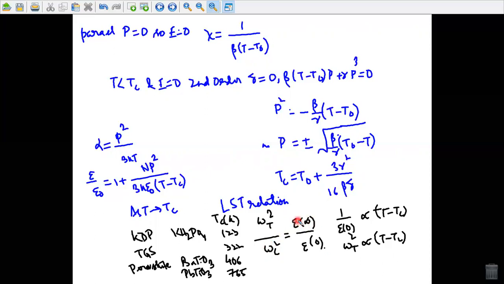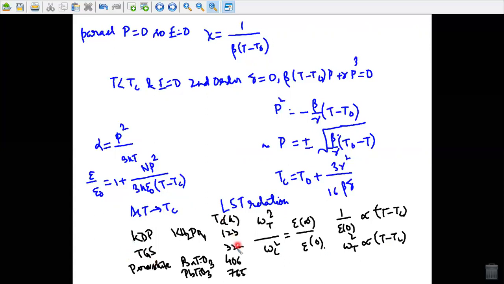Epsilon infinity is the high frequency limit of the dielectric constant, and epsilon 0 is the low frequency, that is, the static limit. Thus the Curie-Weiss behavior for epsilon 0, that is 1 upon epsilon 0 proportional to T minus Tc, is consistent with omega t squared proportional to T minus Tc.